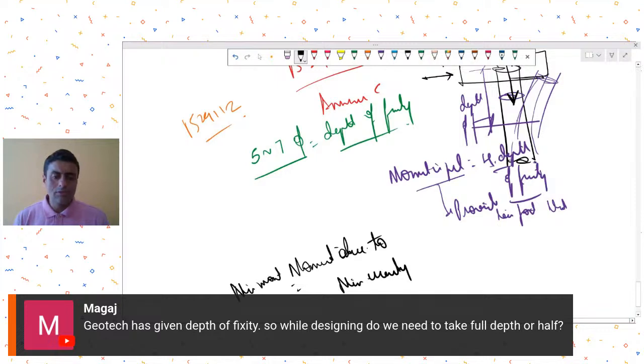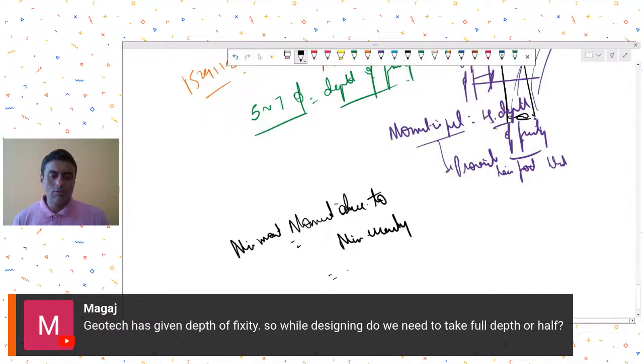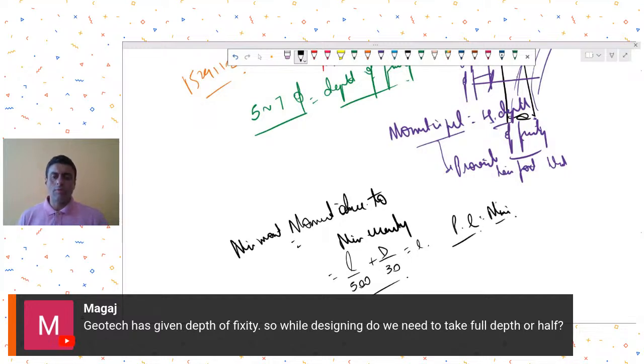and how much will this eccentricity be equal to? So usually the same formula that we take for columns. What is the eccentricity formula for columns? I think L means the total length by 500 plus D by 30, I think. Yeah. So this gives you the eccentricity. You multiply this eccentricity by the axial load to get the minimum moment.